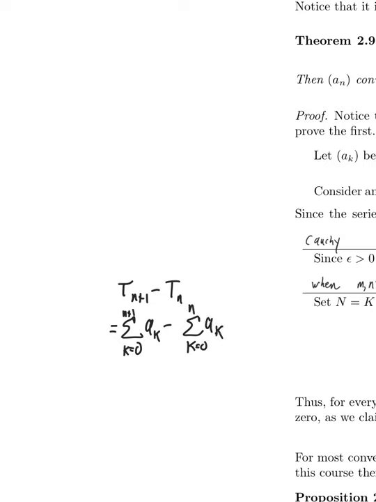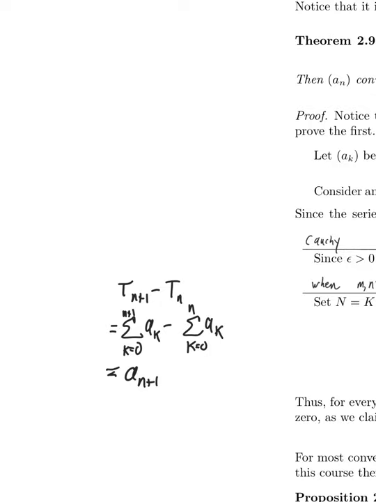And you'll notice something immediately. All of these terms are also terms in this sum, so we can cancel them. This is a sum of n plus 1 things, that's a sum of n things, but all of these n things are in there. So we can cancel a bunch of terms and see that this is exactly the same thing as just a_{n+1}.